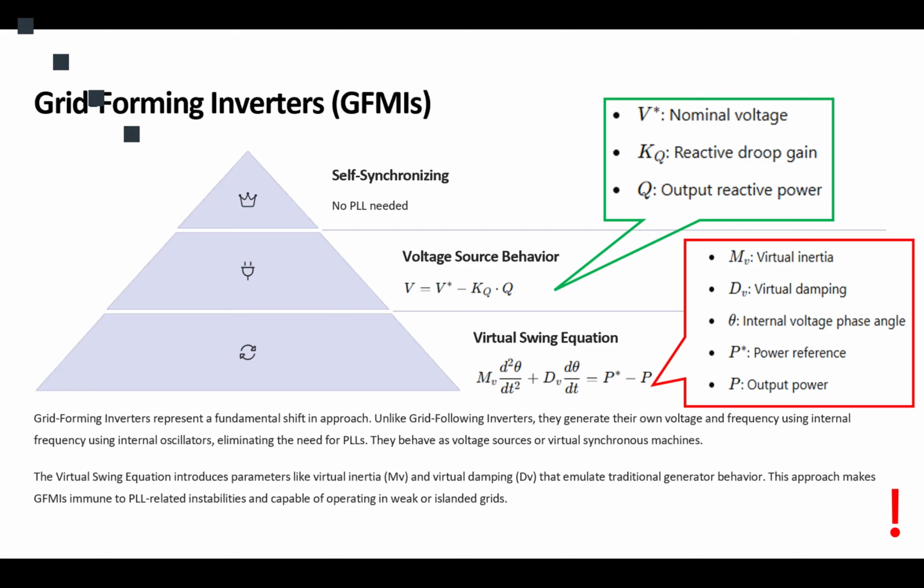What it sees is that my voltage and frequency are changing, so I have to adapt. That defines the response of the control system in the inverter, which would create that transient swing equation.